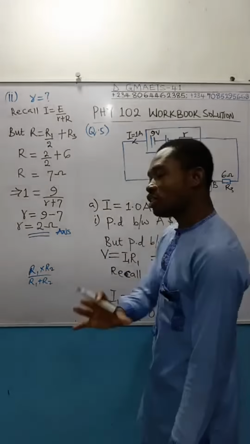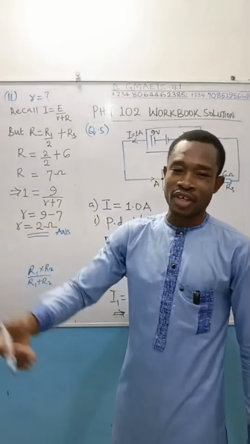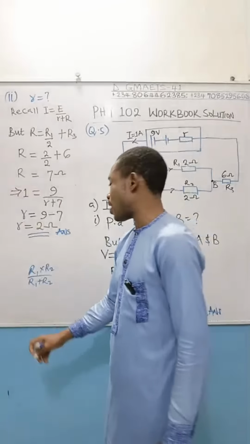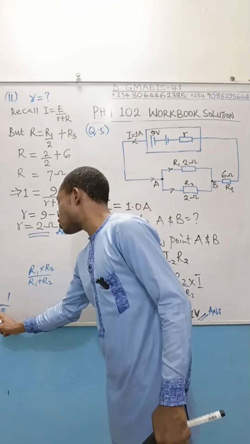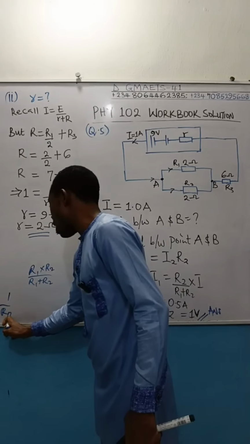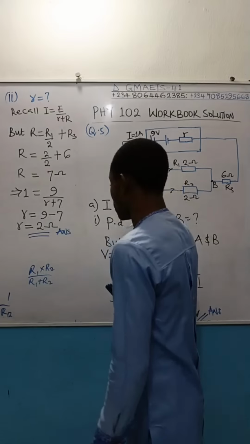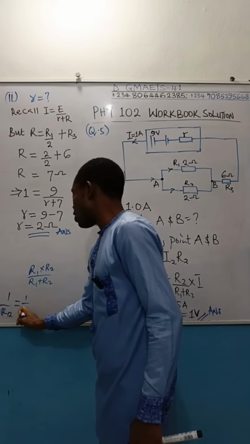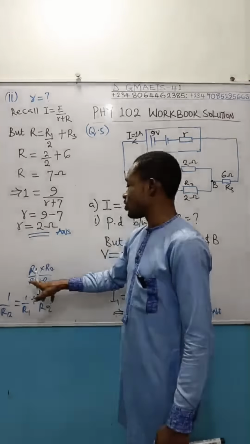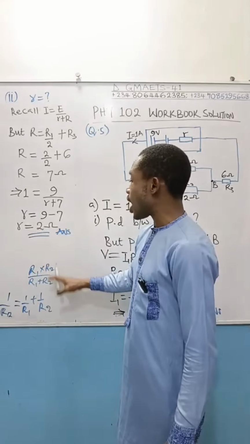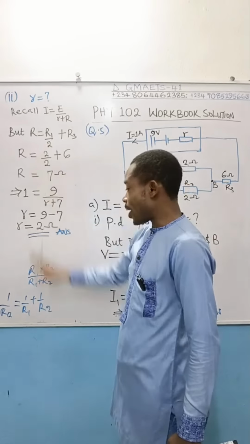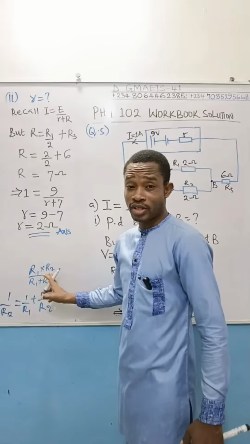Or I could use the normal approach when you are deriving the effective resistance for resistors in parallel: 1 over the overall resistance for these 2, R1 and R2, will be equal to 1 over R1 plus 1 over R2. So this formula you are seeing here is the same as this formula, and when the resistors are equal, it's the same as this formula. You apply it in the case of just two resistors. Take note.